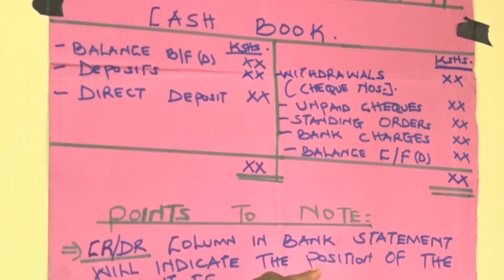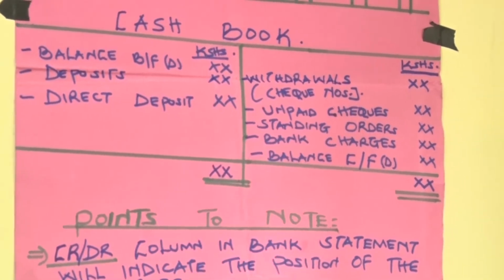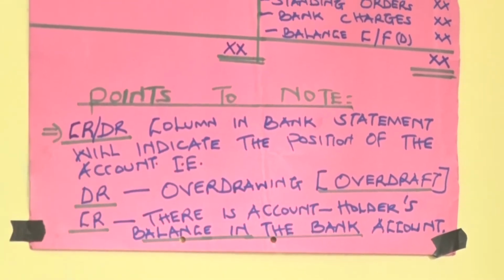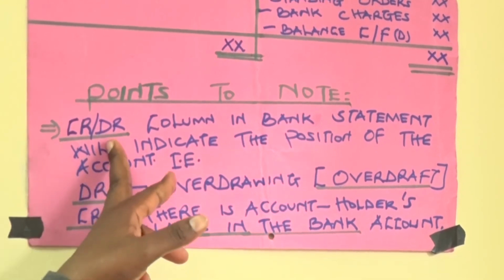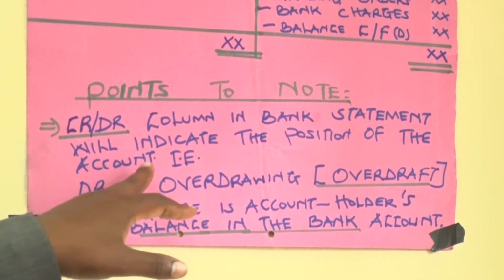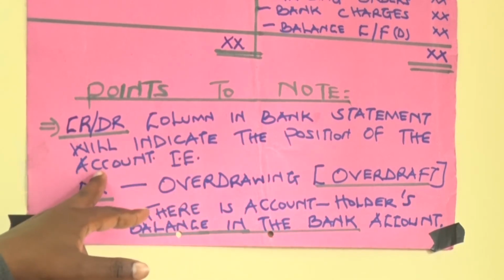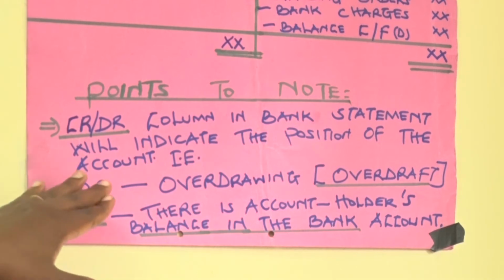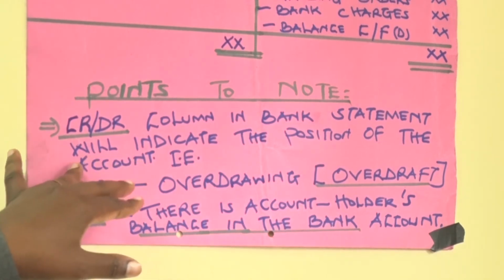So the column in the bank statement will indicate the position of the account. CR meaning credit, DR meaning debit, will indicate the position of the account, meaning CR will indicate a positive position, meaning you have money in the bank.